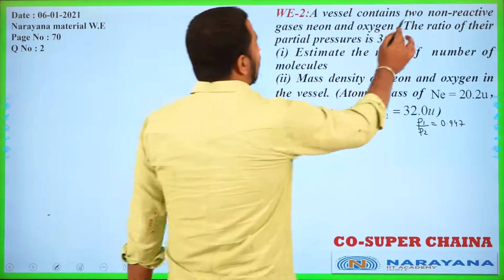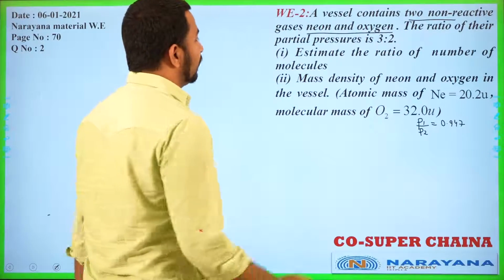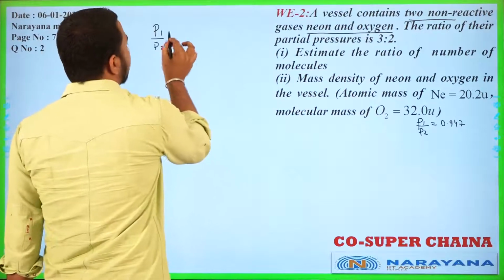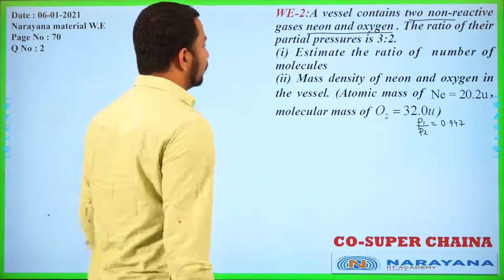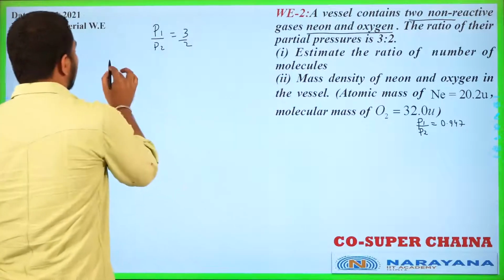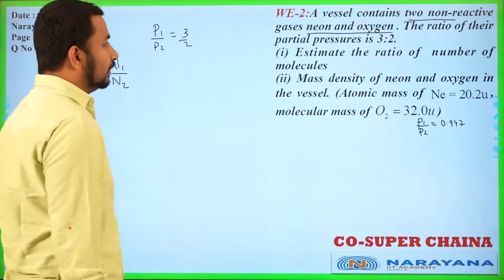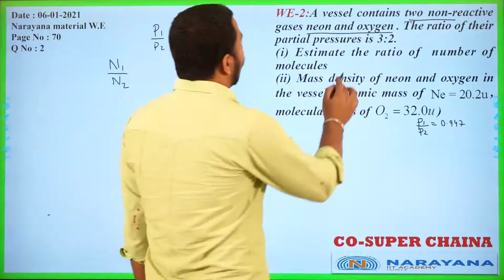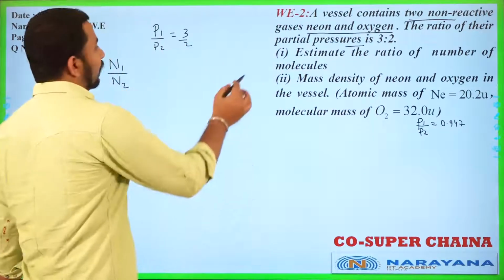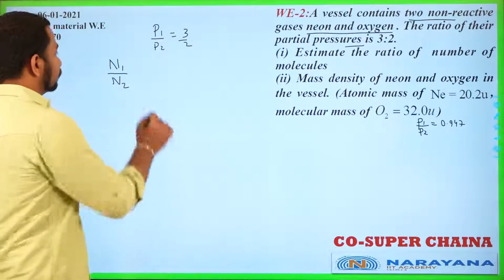A vessel contains two non-reactive gases, neon and oxygen. The ratio of their partial pressures P1 by P2 is given as 3 by 2. You have to find the ratio of number of molecules, capital N1 by capital N2. Here all other parameters, that is temperature, volume and all other quantities, are the same.